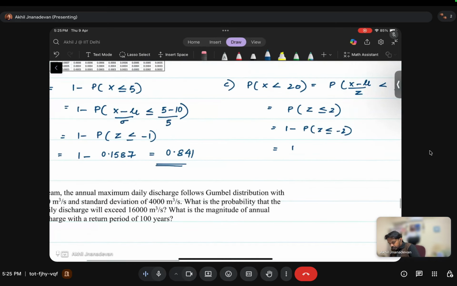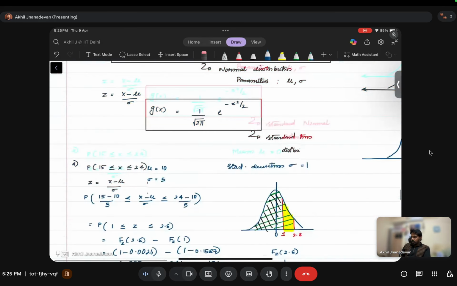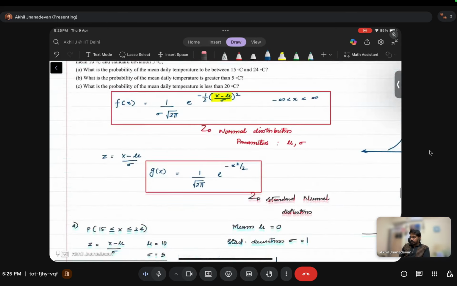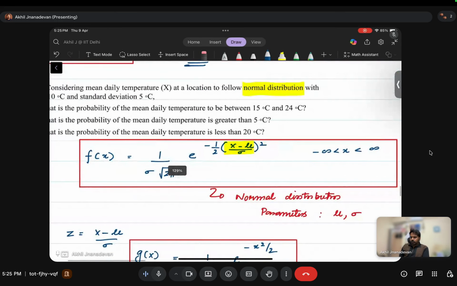So 1 minus 0.0228 is equal to 0.977 approximately. So this is how we use a standard normal table to find these values. Okay, so this is how a standard normal distribution is defined.